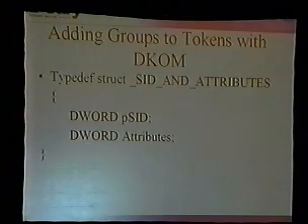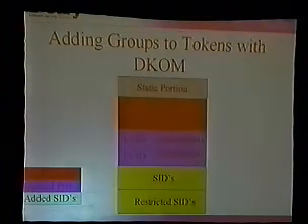However, the SIDs are variable length, and they're not actually in this table. They're at the bottom of the table, and they're pointed to by the PSID member of the SID and attributes structure. So if you're adding a SID, you have to patch up all the pointers in the token so that they point to the new SIDs. And I'll show you what I mean by that.